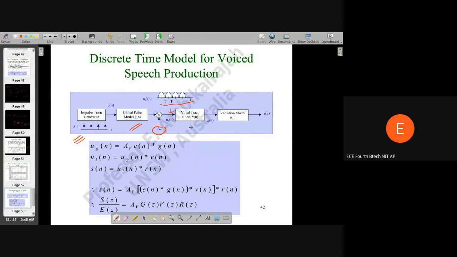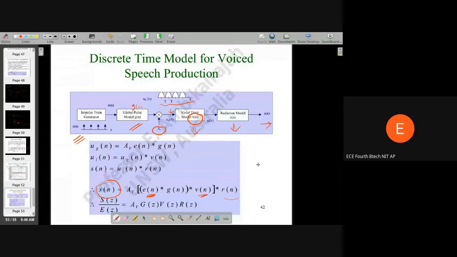We have a vocal tract model, which is resonators. Then we have a lip radiation model. And finally, we get our speech. So this is the final time domain expression: e(n) convolved with g(n), convolved with v(n), and finally convolved with r(n), the lips. This is going to give you your speech sound.